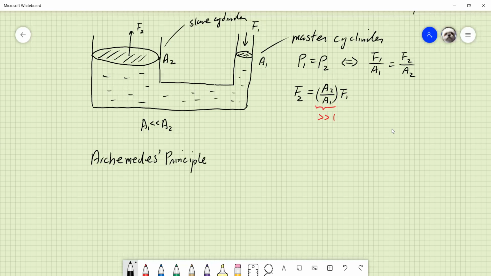Now, what is the Archimedes principle? The Archimedes principle is all about the buoyancy, or the flotation force. You know there's a force.